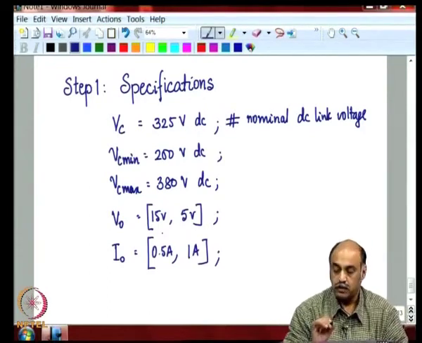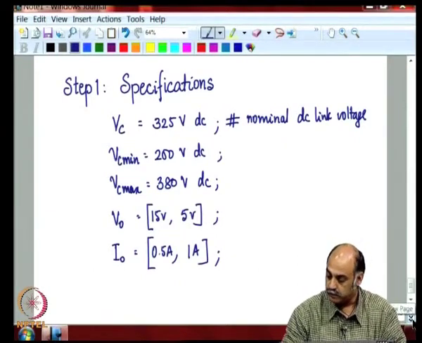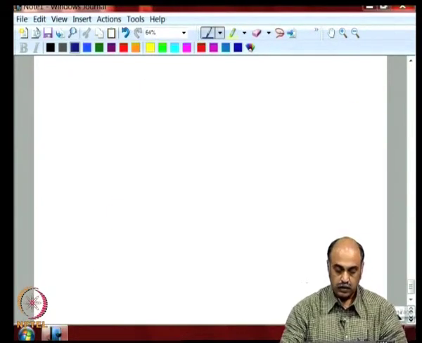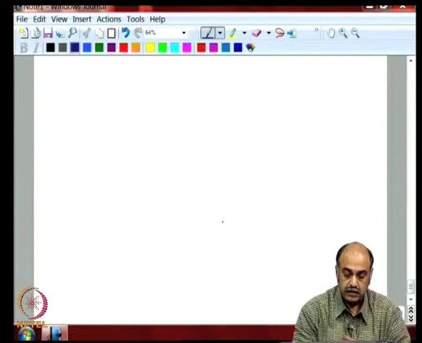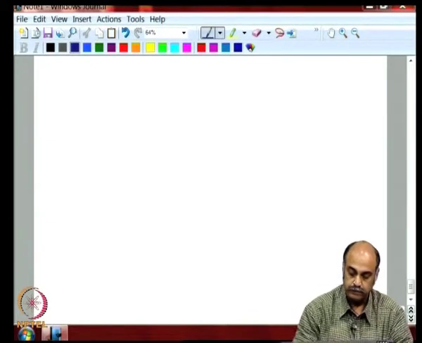This is just for listing down the procedure or process of finding the proper design values. Okay, so that is the specification that you would get from the user.